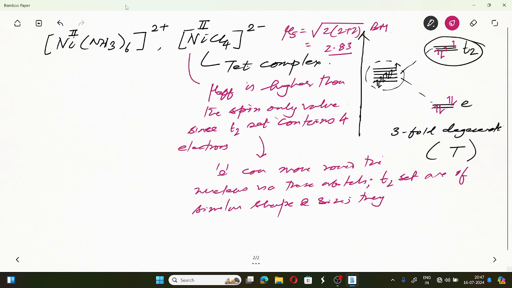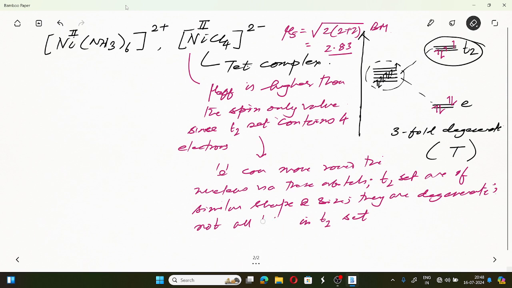They are degenerate. Moreover, not all orbitals in the T2 set contain electrons with identical spins.